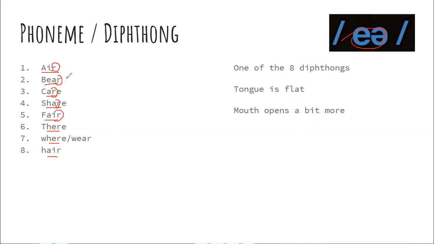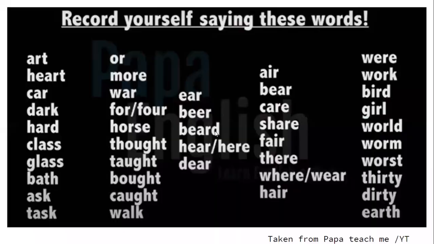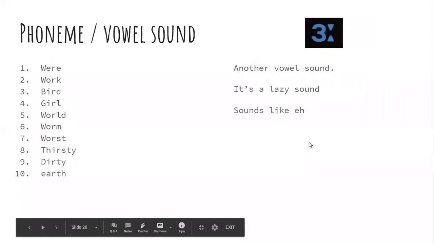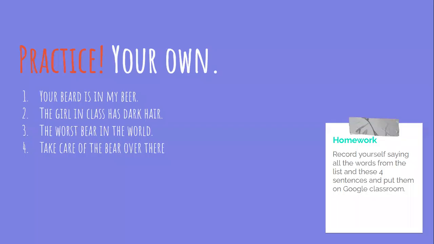Okay, so in this case, the homework is about British. So homework. We don't have classes next week, so I'm gonna give you a bit of a homework. Please, I'm gonna put it in Google Classroom. Record yourself saying all these words: art, or, ear, air, and where, all the list, okay, please, with the British accent, okay, with the diphthongs and the phonemes that we practiced today.